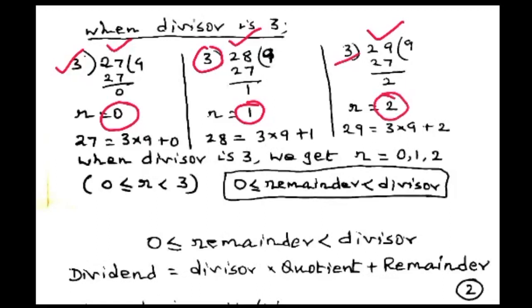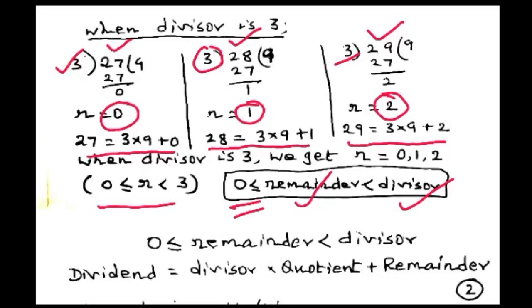And here 27 is written as 3 multiplied by 9 plus 0, 28 is written as 3 multiplied by 9 plus 1, 29 is written as 3 multiplied by 9 plus 2. That is, the remainder value is less than the divisor and greater than or equal to 0.